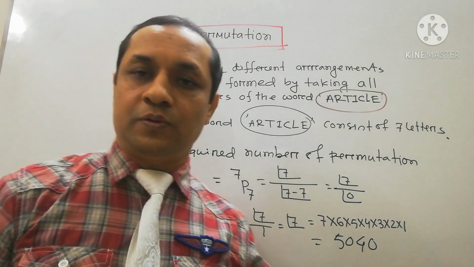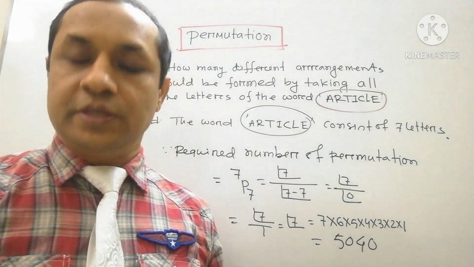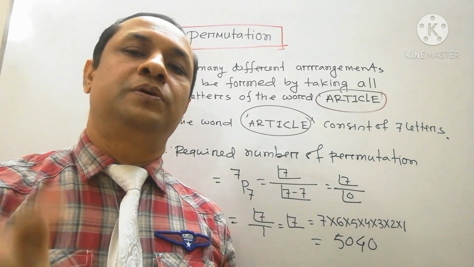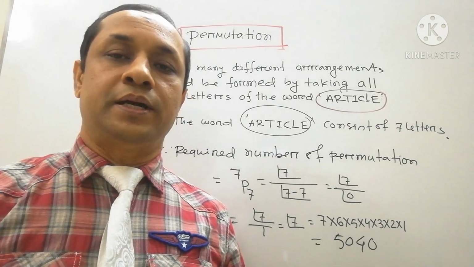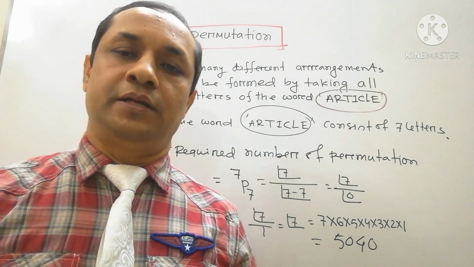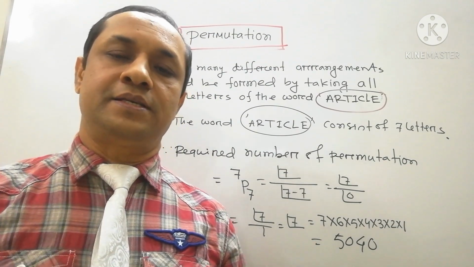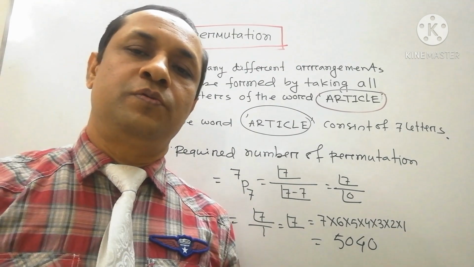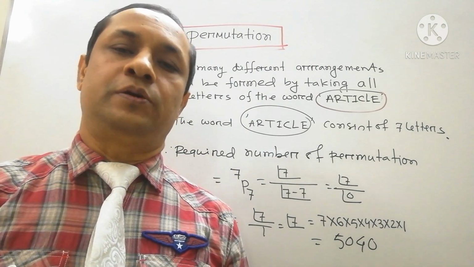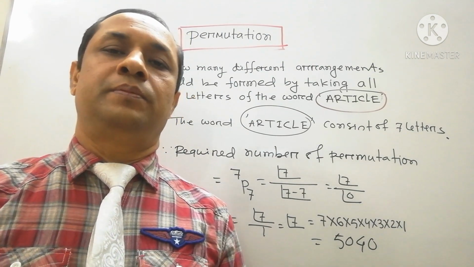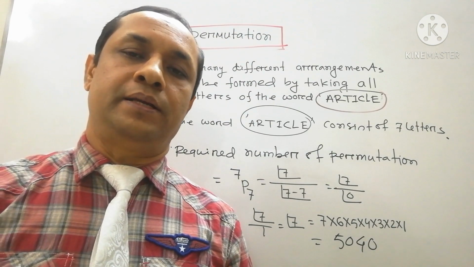Using a calculator, factorial 7 is 5040. I hope that students you are clear. This is for all things different, using the formula nPr equals factorial n by factorial (n minus r).